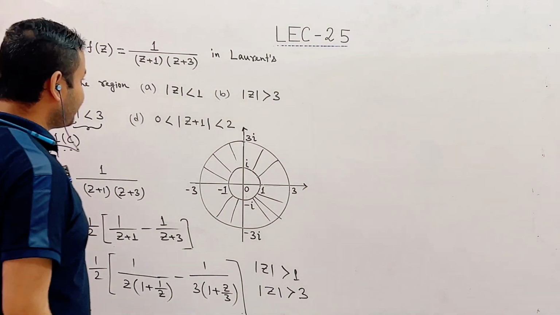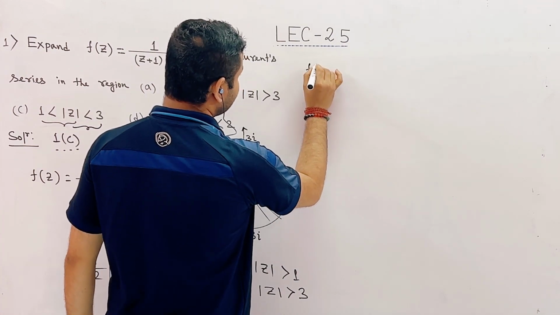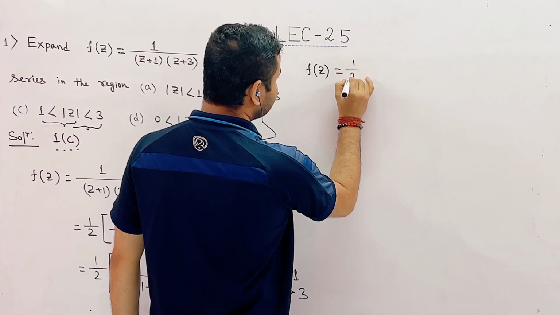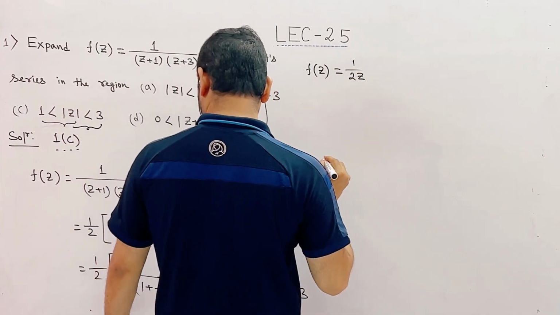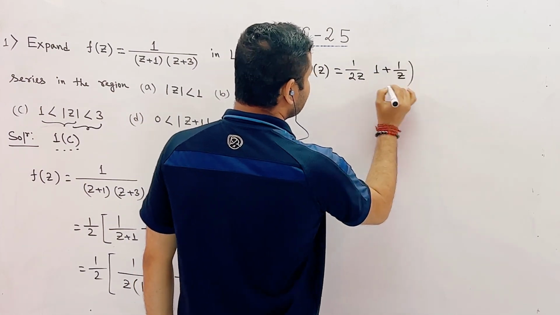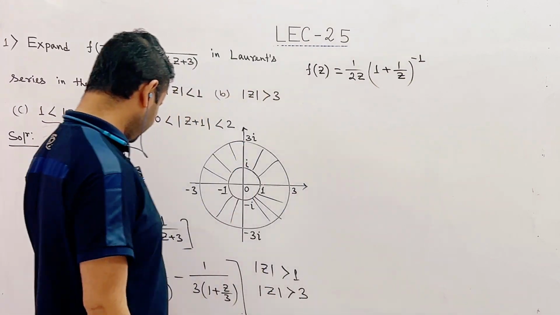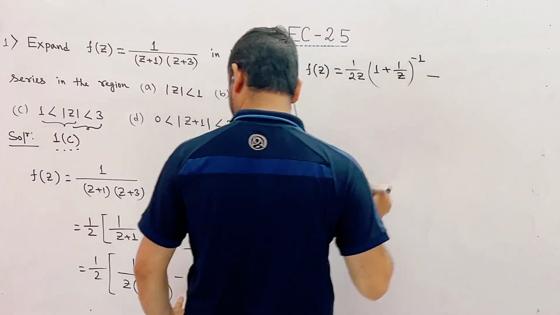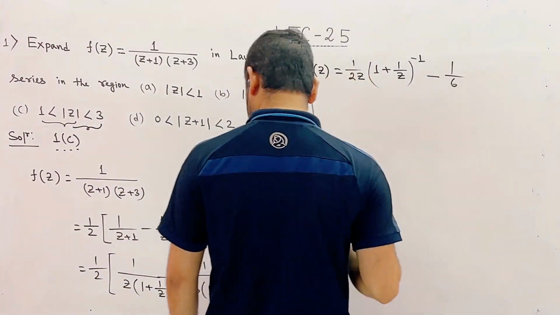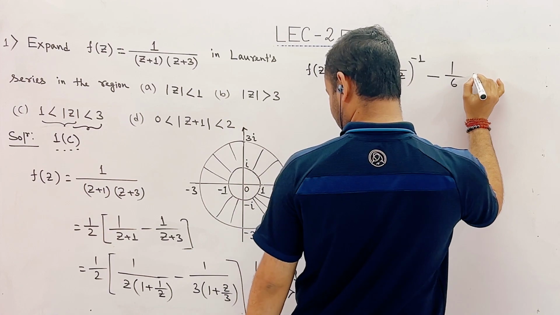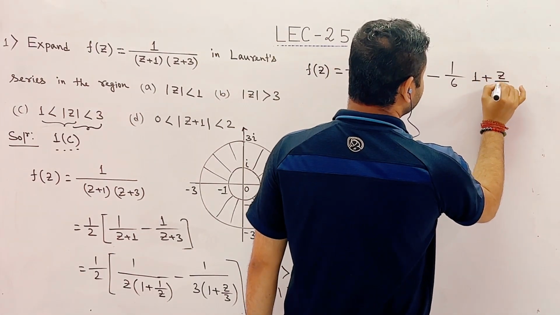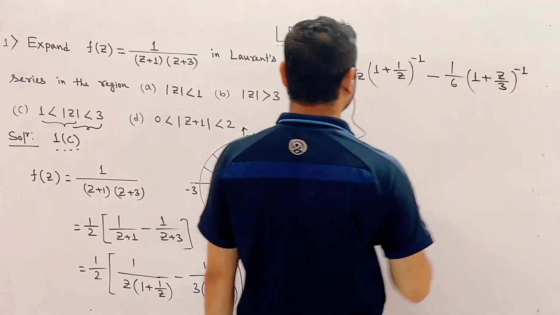So, finally, we can write f of z is equal to 1 by twice z into 1 plus 1 by z whole to the power minus 1 minus 1 by 2 into 1 by 3, 1 by 6 into 1 plus z divided by 3 whole to the power minus 1.